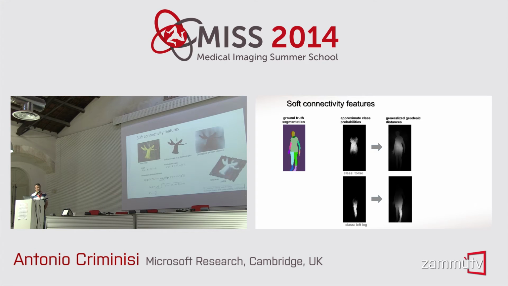So using these maps and this transform, the generalized geodesic distance transform, we can obtain these other images. Again, difficult to see, but these are much smoother versions of these probabilities, which are also diffused a very long way into the arms, for instance, into the head, or here the left leg class diffuses into the other leg.